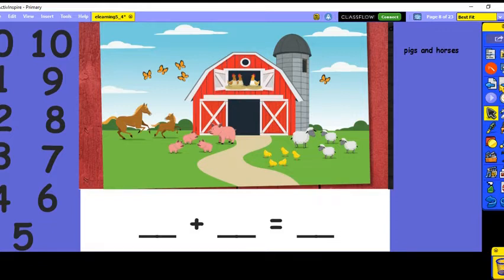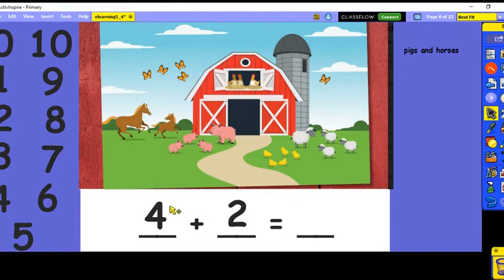So first we need to count our pigs. 1, 2, 3, 4. Okay, so we have 4 pigs. And now let's count our horses. 1, 2, 2 horses. All right. So to find the total, we're going to add and find the sum. When we add, our answer gets bigger because we're counting both groups.